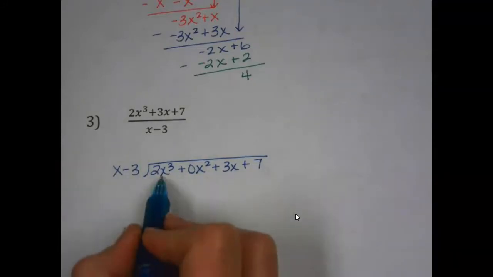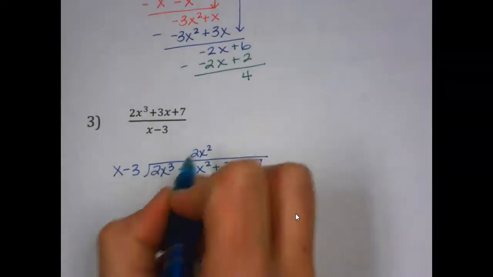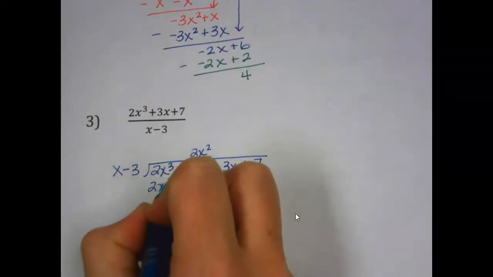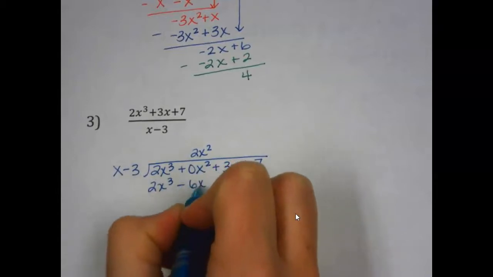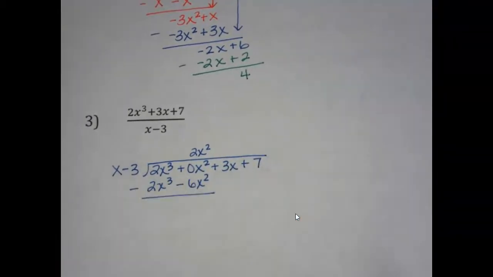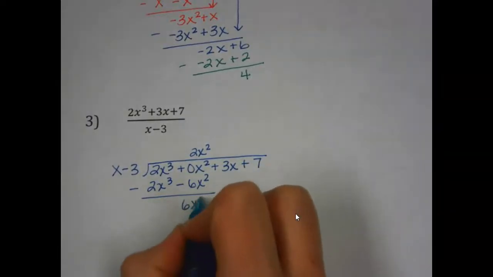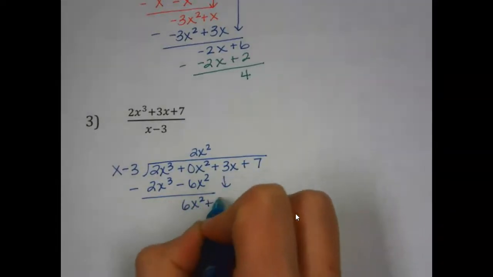All right, so I'm going to take 2x cubed divided by x. That gives me 2x squared. I'm then going to multiply to get 2x cubed minus 6x squared. And I'm going to subtract, 0 plus 6 gives me 6x squared. And I'm going to bring down the 3x.